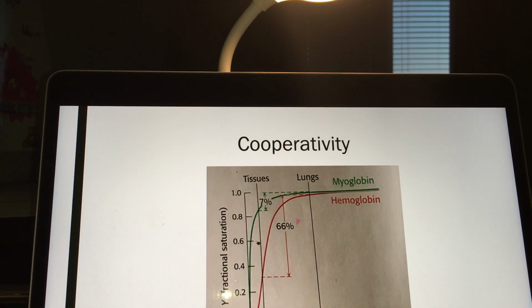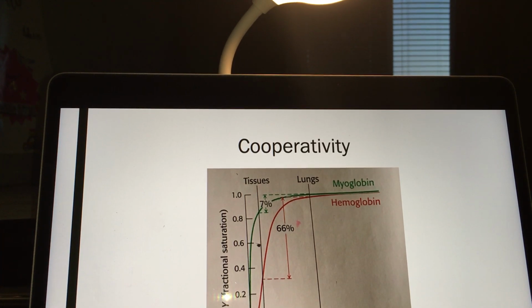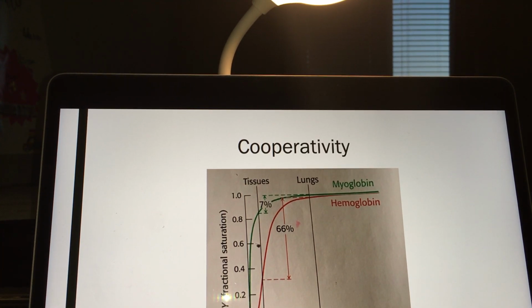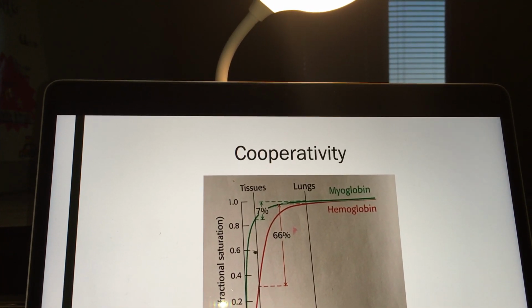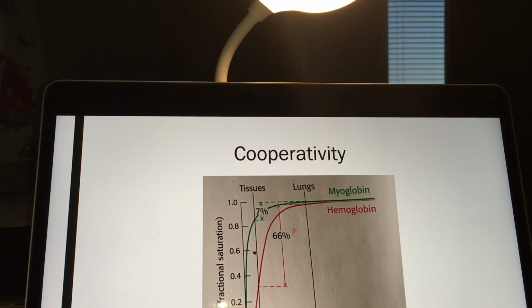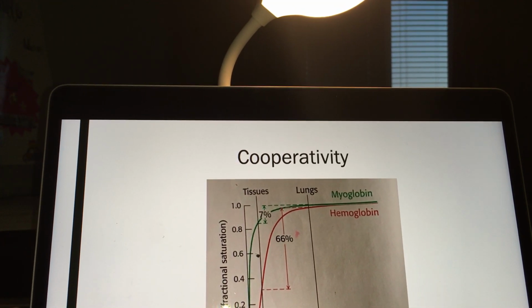Let me go back. Binding at one site changes the conformation of the protein molecule. That makes it easier for more oxygen molecules to bind in other sites.